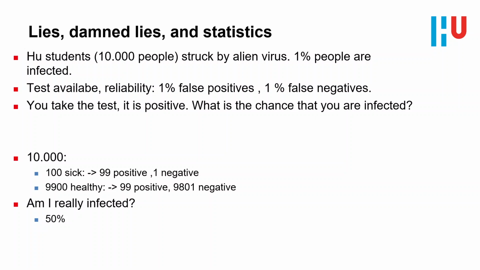And this is kind of mind-boggling, but it's true. And it's also one of the reasons why the testing with COVID was quite challenging. Because even if your test is really good, then you still have this effect, which can lead to a lot of false positives. And you need to handle that.